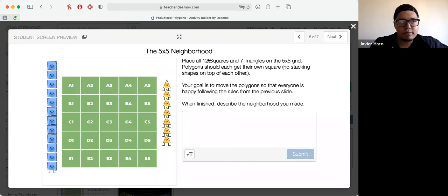So now, same thing. What we want to do is use all polygons. So we have 12 squares and 7 triangles on this 5 by 5 neighborhood. And we want to see if we can make everyone happy again here in this 5 by 5 neighborhood. Okay, so again, take a minute or so. Try it out for yourself and see if you can come up with how to make all the polygons happy.